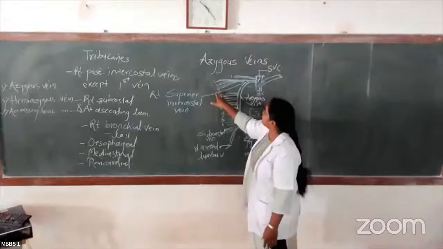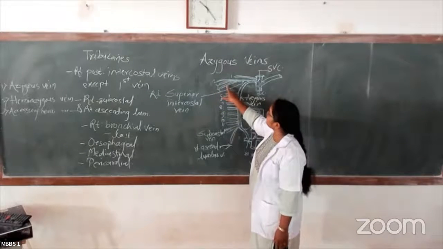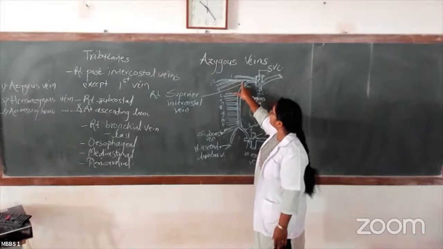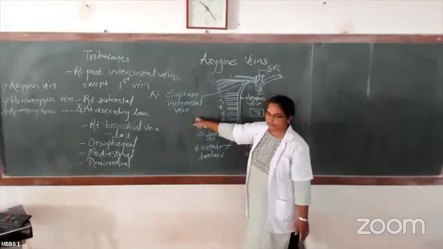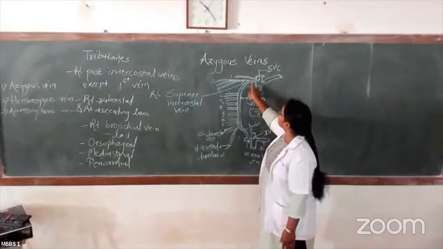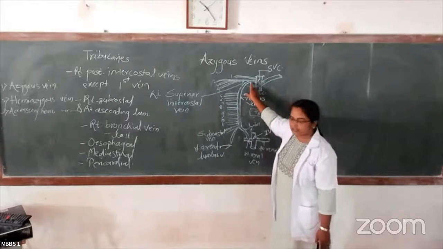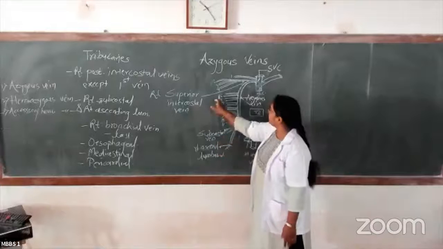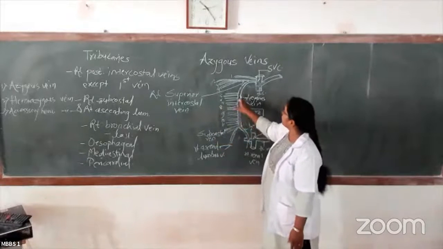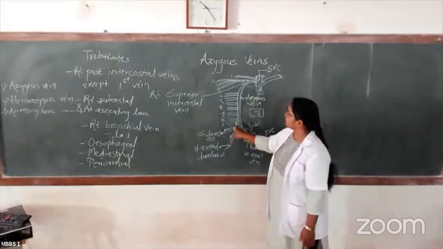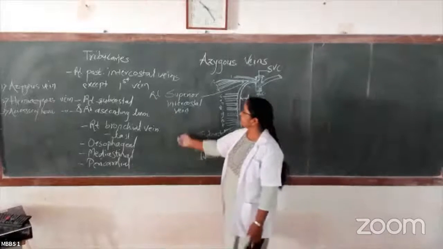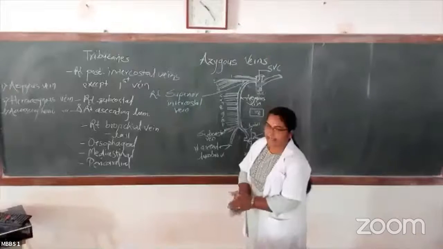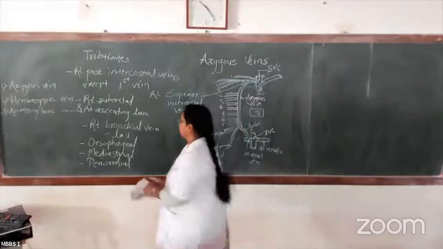The second, third, and fourth posterior intercostal veins join to form one common trunk, called the superior intercostal vein, which opens into the arch of the azygous vein. All the other veins, that is 5th to 11th veins, open in the azygous vein separately. And other tributaries are esophageal, pericardial, and mediastinal veins.